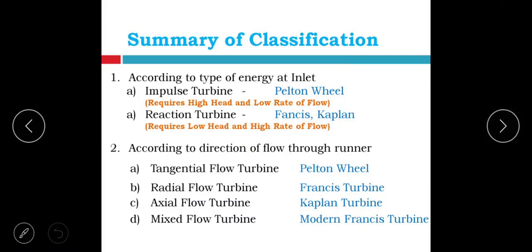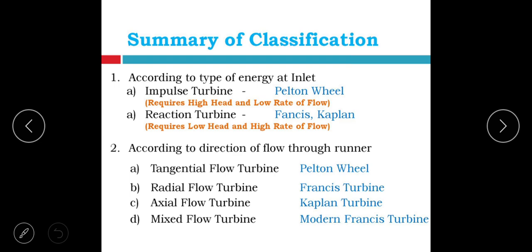Summary of classification. According to the type of energy at inlet, impulse turbine is Pelton wheel, reaction turbine is Francis and Kaplan, which require low head and high rate of flow, whereas Pelton wheel requires high head and low rate of flow.